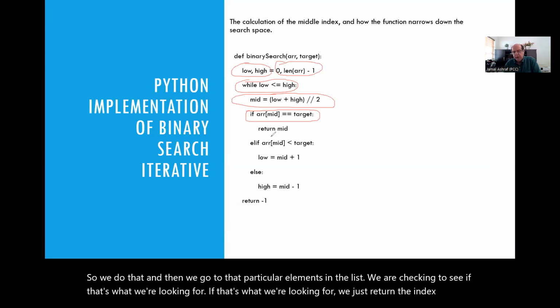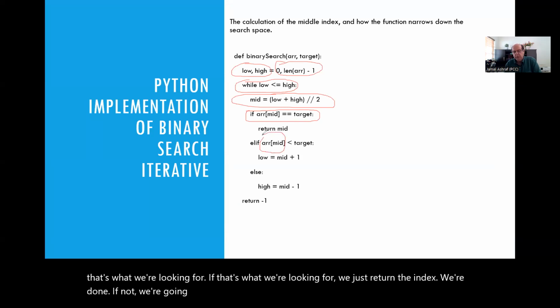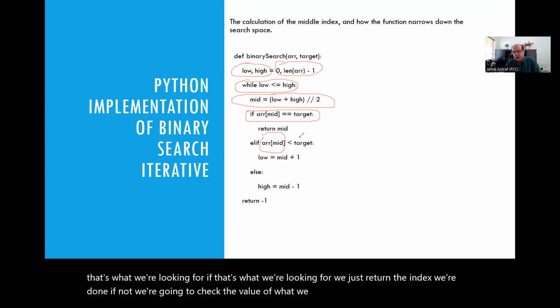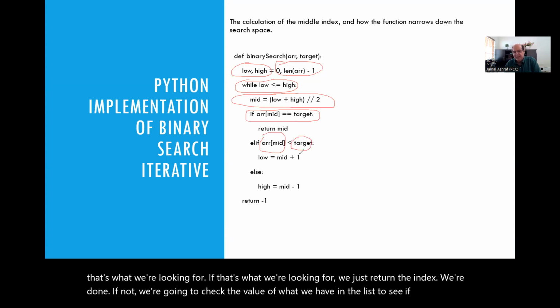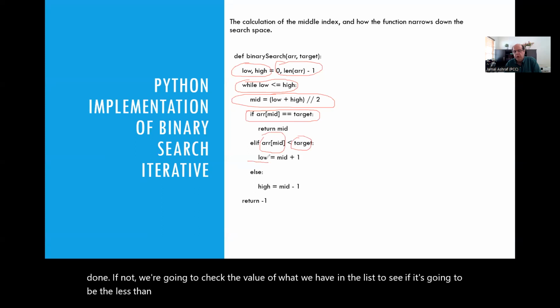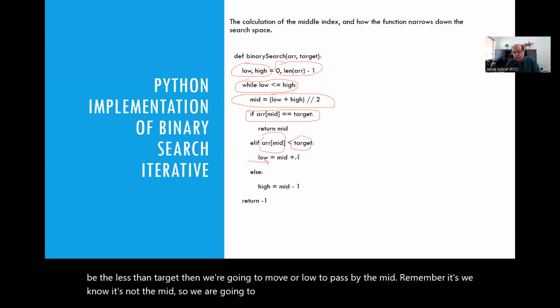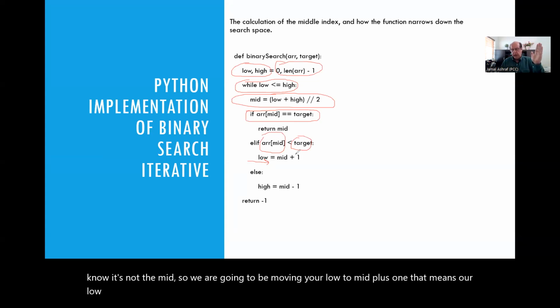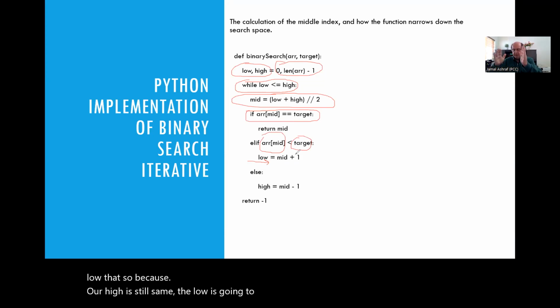If not, we're going to check the value of what we have in the list to see if it's less than the target. Then we're going to move our low to pass by the mid. Remember, we know it's not the mid, so we are going to be moving our low to mid plus 1. That means our high is staying the same. The low is going to become mid plus 1. So we're going to be searching the right side of the list.